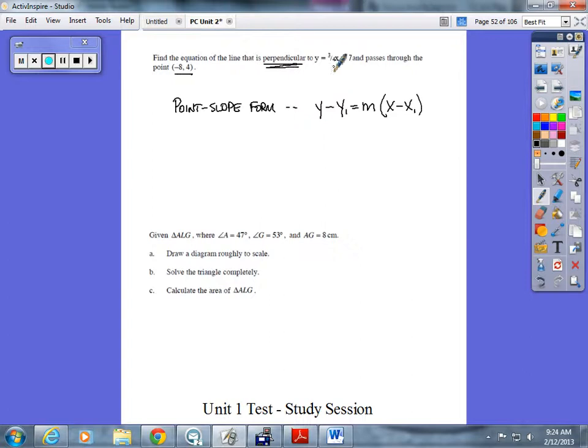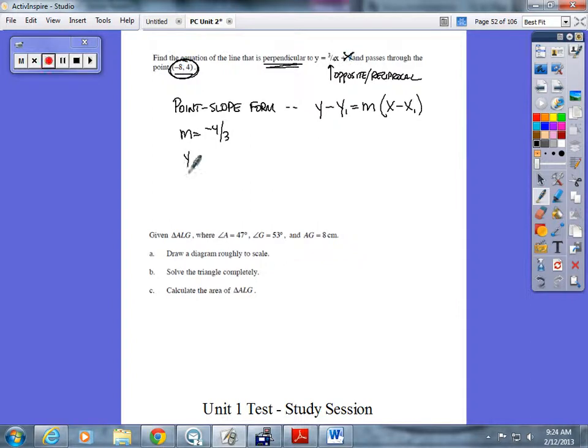So the perpendicular slope to 3/4 would be -4/3. Opposite reciprocals. And then you use the coordinate (-8, 4) for your x and y values. That 7 means nothing.